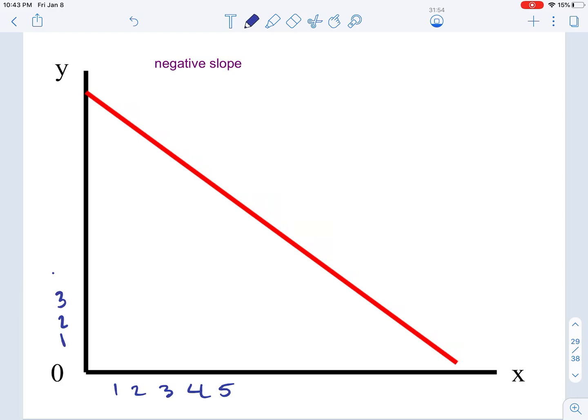So if up here we're up to 15, as my x-axis increases 1, 2, 3, 4, 5, my y-axis would be decreasing, going down from 15, 14, 13, 12, or whatever those numbers may be. So this would be a negative slope, or we might say that these variables have an inverse relationship.